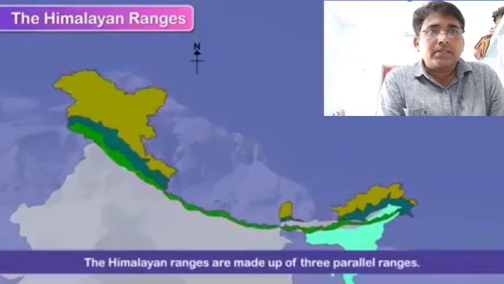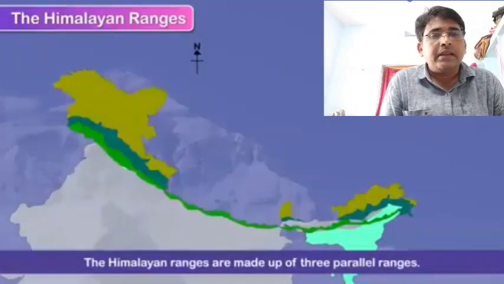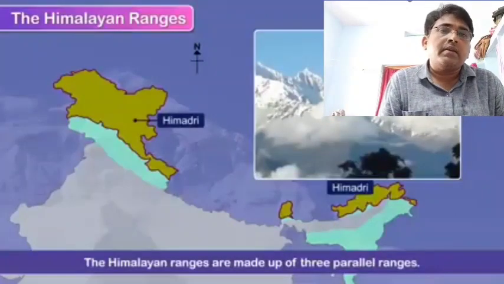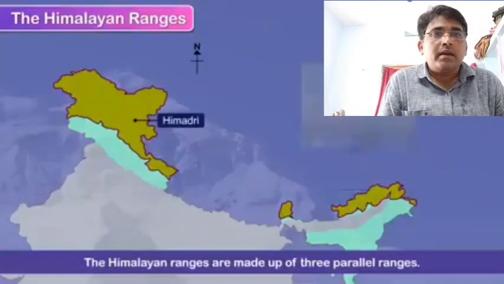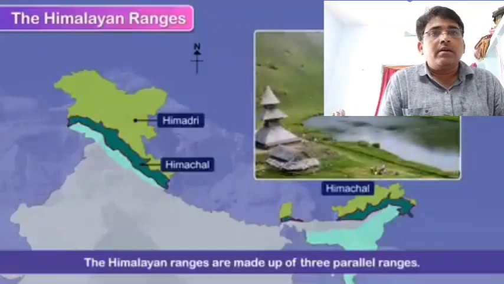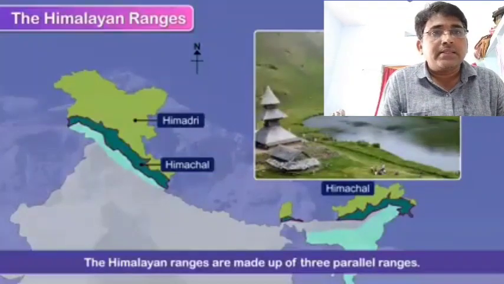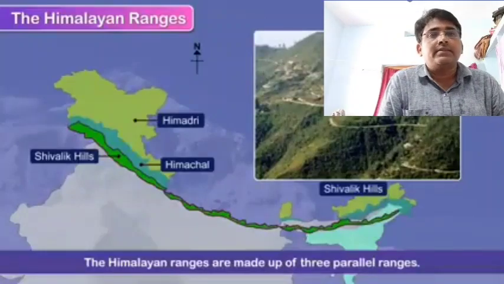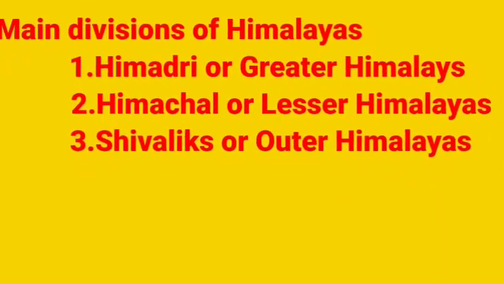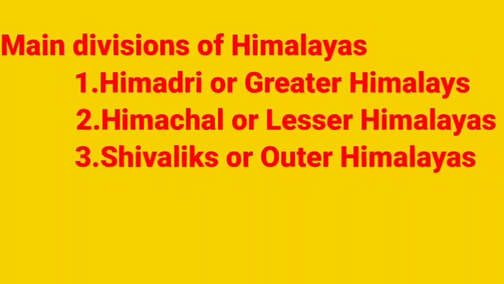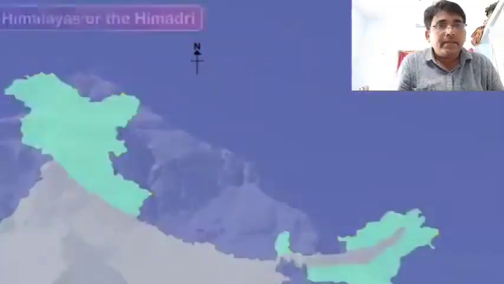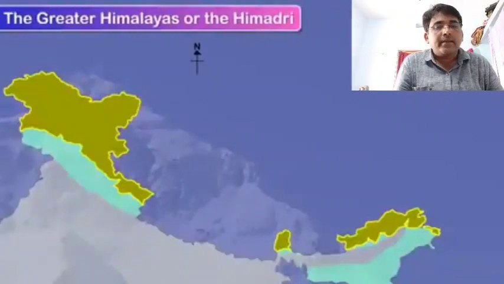The Himalayas comprise 3 parallel ranges: Himadri or Greater Himalayas, second Himachal or Lesser Himalayas, and third Shivaliks. Himadri is known as the Greater Himalayas.